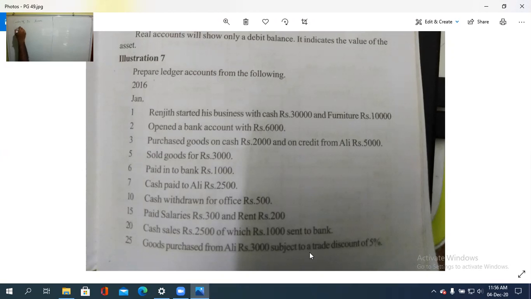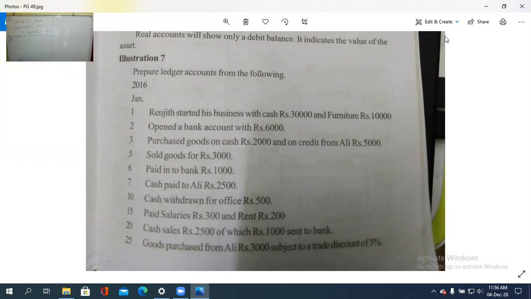Then furniture account debtor 10,000 to capital account, that is 40,000. This is the first entry: cash account debtor 30,000, furniture account debtor 10,000 to capital account.